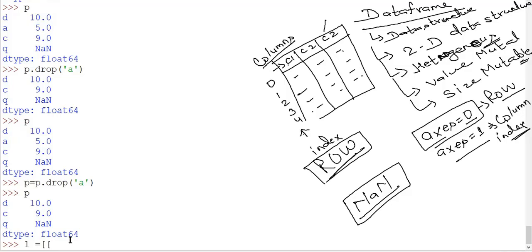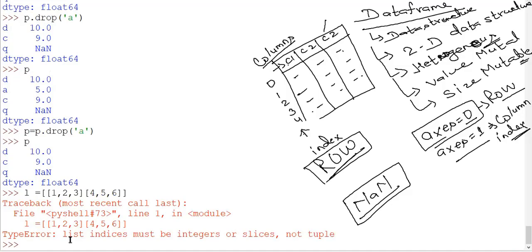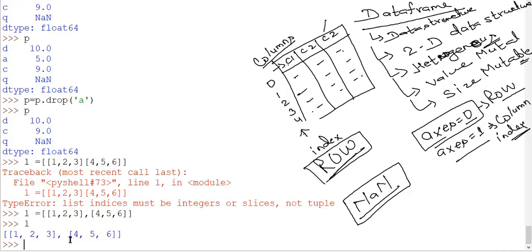This list is a nested list: 1, 2, 3, then 4, 5, 6. Oh, I forgot to put the comma in between, so I put a comma here as a separator. Now my list is created.